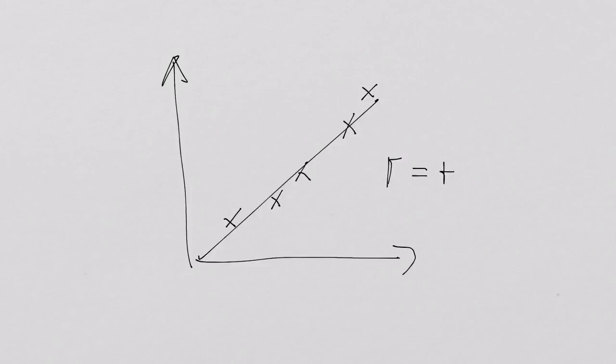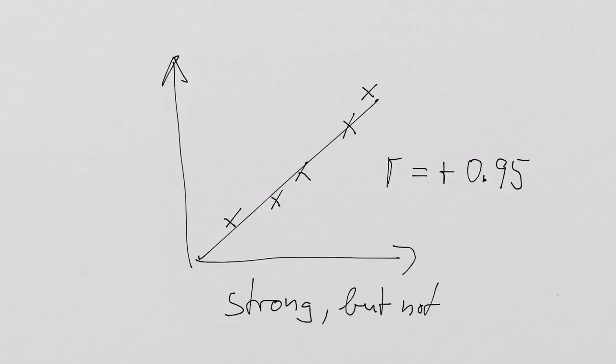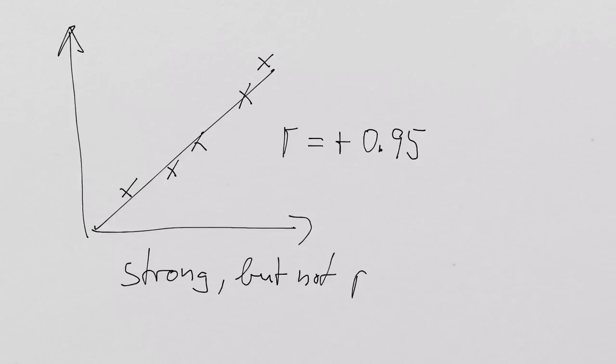Let's say in this case it would be 0.95. So this indicates it is still, would you say it's a strong correlation in this case? Yeah. We would probably call this strong correlation. Strong but not perfect correlation.